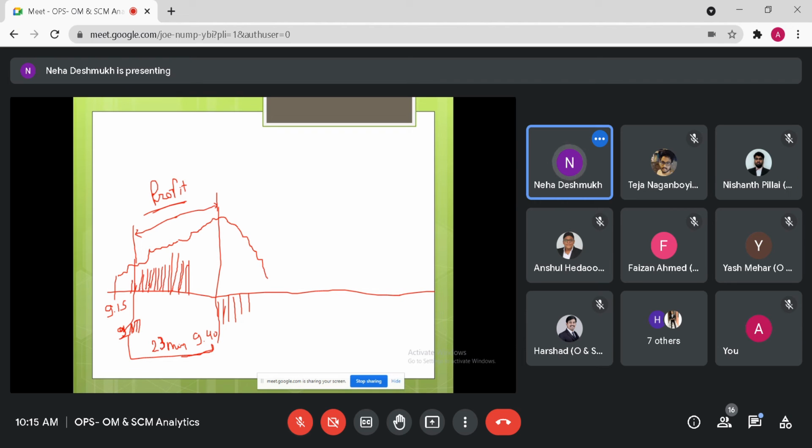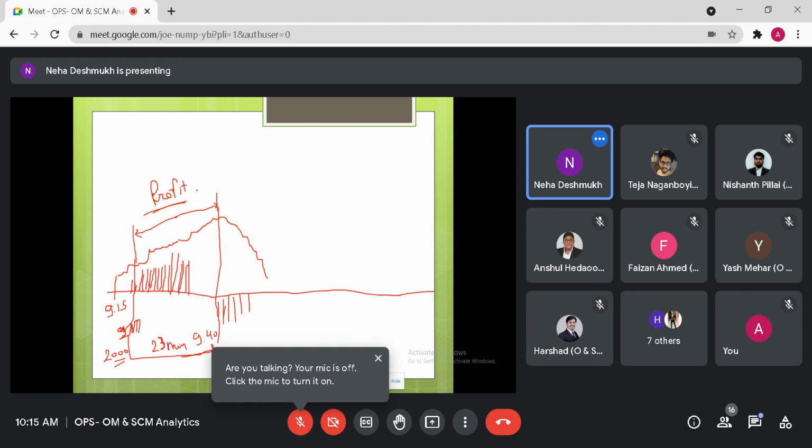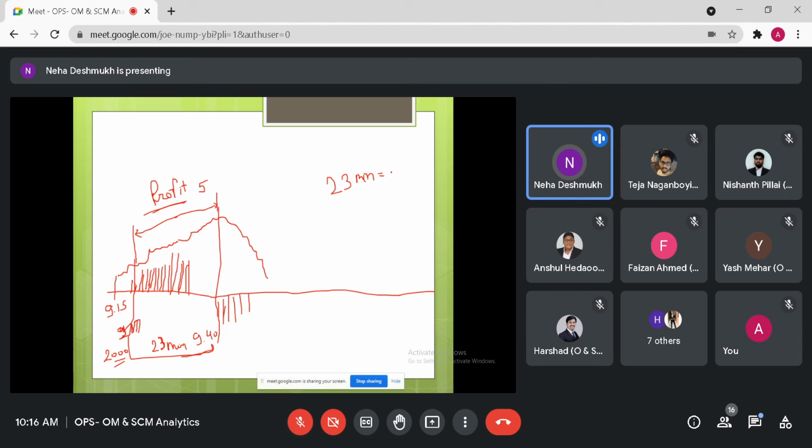Suppose I purchase 2000 shares, and I am getting a profit of 5 rupees per share within these 23 minutes. Then what should be my profit? 2000 into 5, which is 10,000.